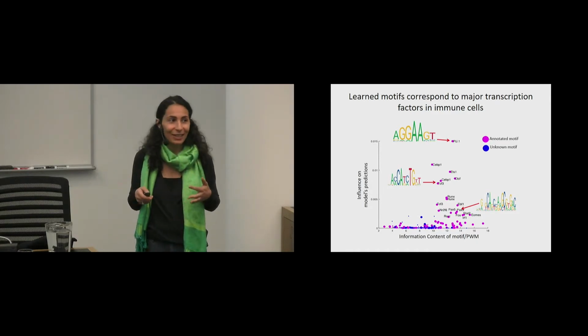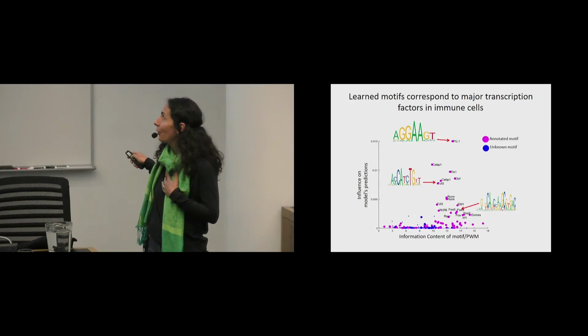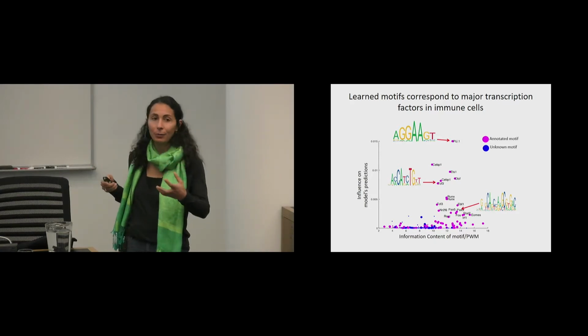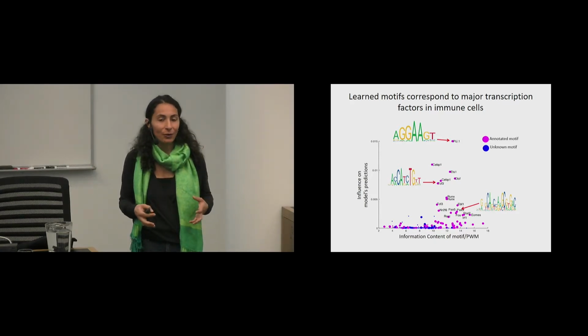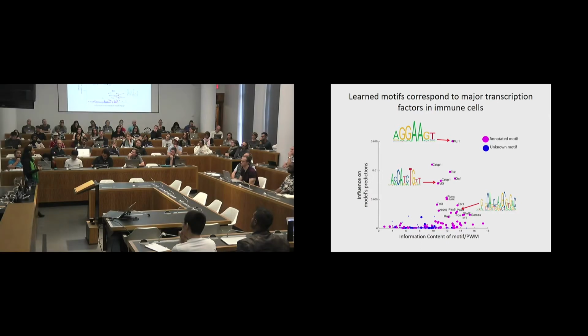But what was actually really interesting and surprising to me is that we have 300 motifs, and now we can take these 300 motifs and match them to what we know from biology. We can do this by going through databases that people have developed for over 30 years of biology and bioinformatics to define motifs for different transcription factors.